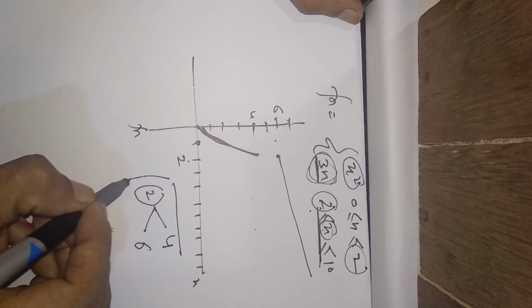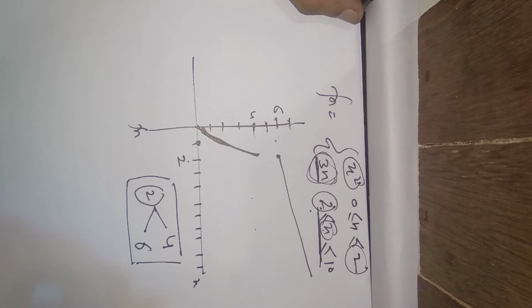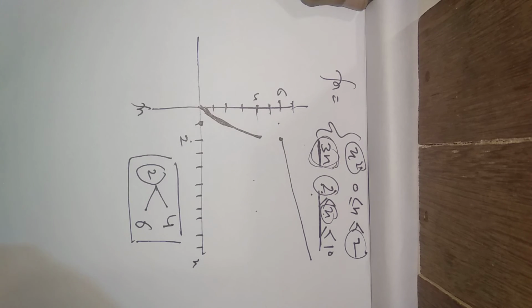It means one input is yielding two outputs. It cannot be a function. Obviously it is a relation, but this cannot be a function. So we have seen from this part relation and functions. Relation means, I'll elaborate this in the next video.